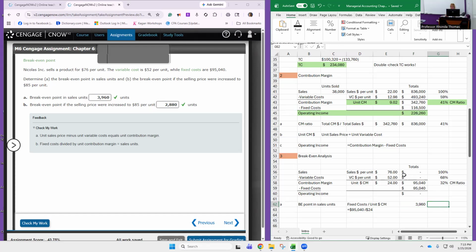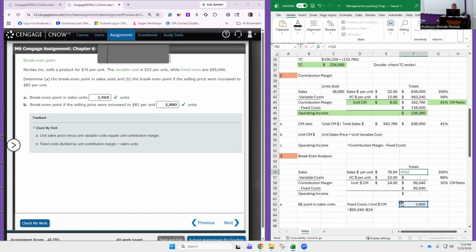Now, sometimes you can find sales dollars. How would you find out what the sales dollars are? If we took the price of $76, sales price times 3,960, we could put this in.